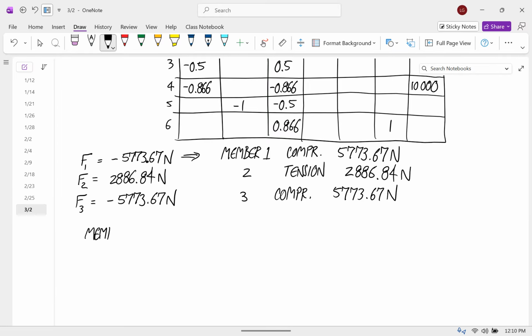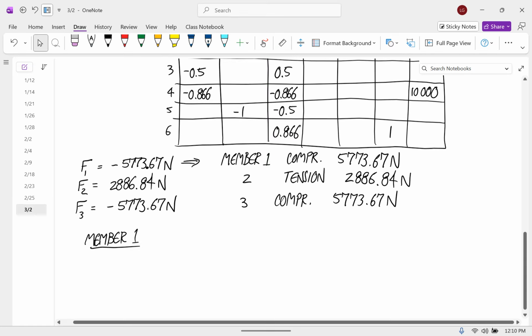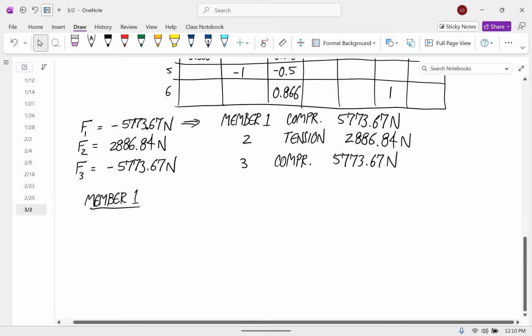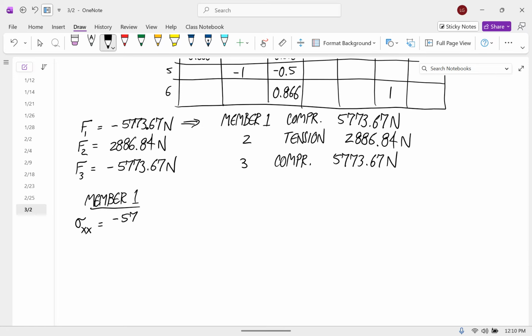So member 1, this is negative 5773.67 divided by 0.0025. And so that's negative 2.31 times 10 to the 6 pascals.